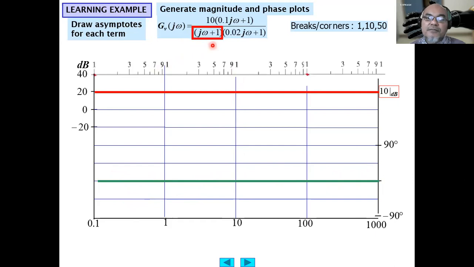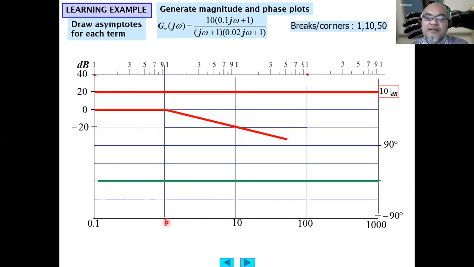Then from the first pole, j omega plus 1. Okay, the low frequency asymptote is 0, then after j omega equals to 1, the break at 1, it will decrease with slope of minus 20 decibel per decade.